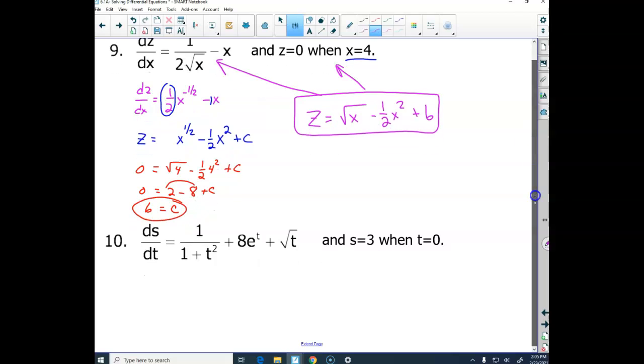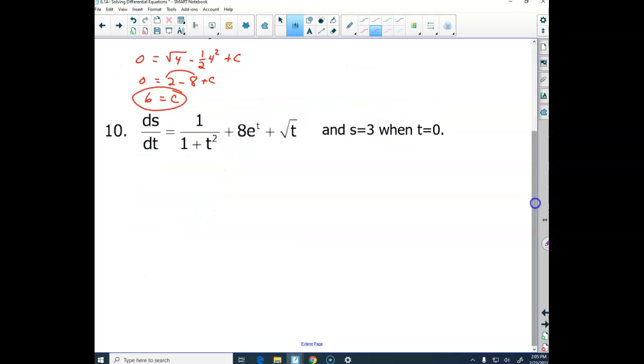I got 1 more here, number 10, and then we're going to switch gears for a minute. Ooh, template. That looks like an inverse tangent. I'm going to be picturing this guy as t to the 1/2 power as I'm cruising along.